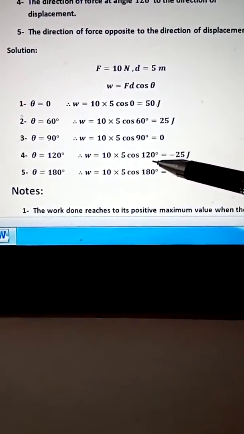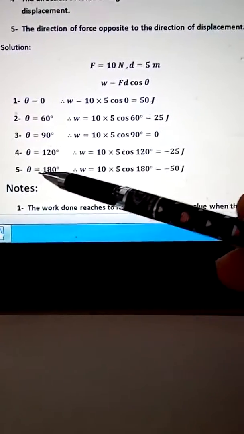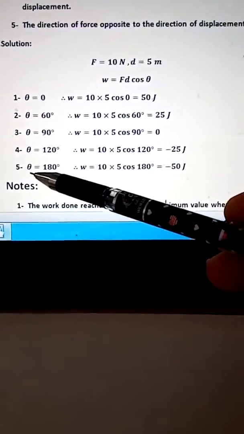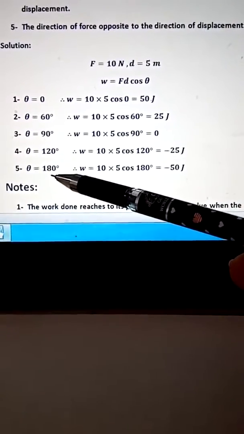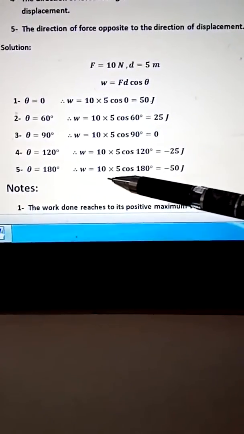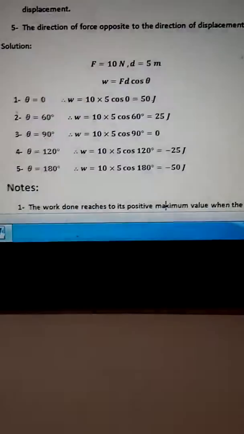Number 4, when the angle between direction of force and displacement is 120 degrees, then work done equals 10 by 5 cosine 120, which is equal to -25, and when the force is opposite to the direction of displacement, angle theta equals 180 degrees, and work done equals negative 50 joule.